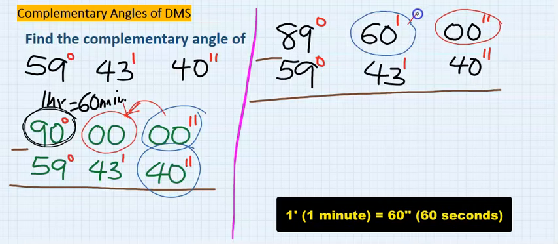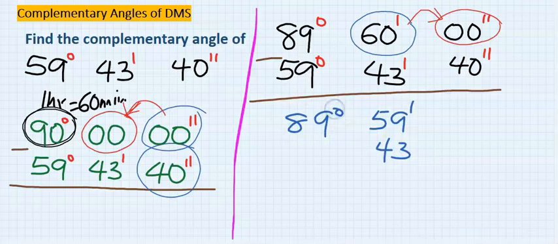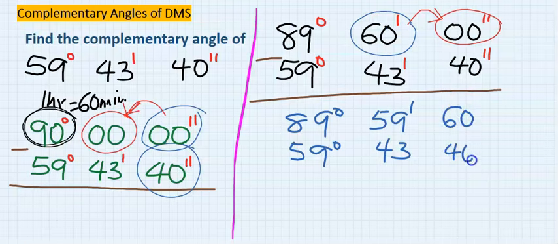If I take 1 minute from here, and here will become 60 seconds, I'll be left with 59 minutes here. This is 43. This is 89 degrees. And this is 59 degrees. Hence, this is no longer 60. Here becomes 60 seconds, and here becomes 40 seconds.